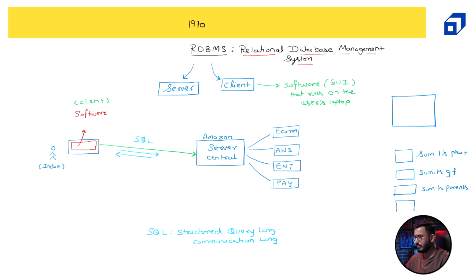Some belong to my brother, so Sumit's brother. Now let's say this is my laptop. So what is the best logical way to preserve all these files, all these photographs in my laptop? And let's say I'm talking about the D drive of my laptop.